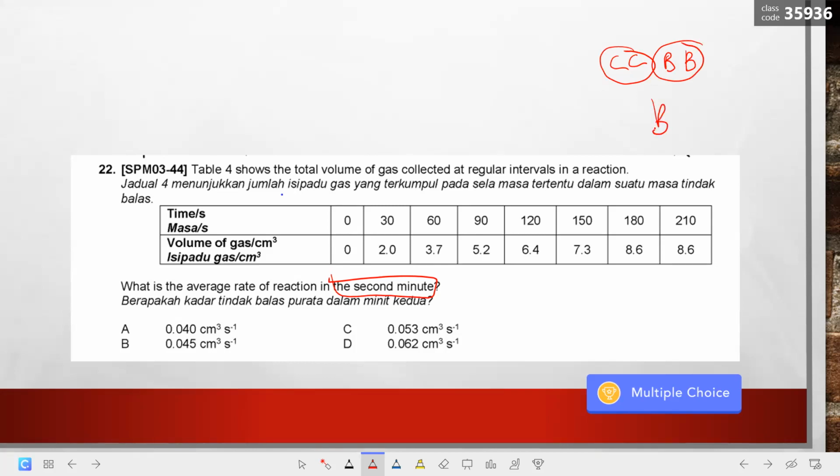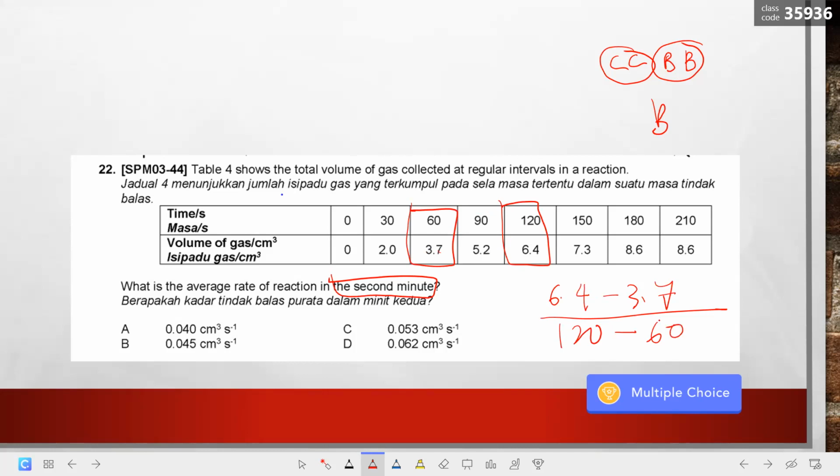B. All right, so it's very simple. Second minute means it's from the first minute to the second minute. So I take the volume at the second minute, which is 6.4, minus the volume at the first minute, which is 3.7, divided by 120 minus 60.